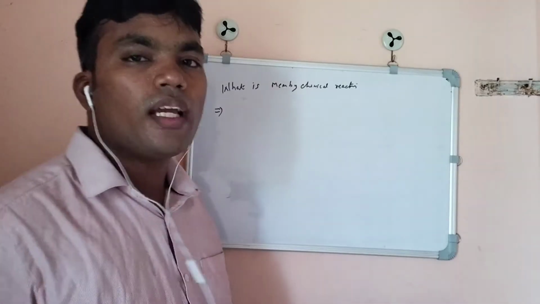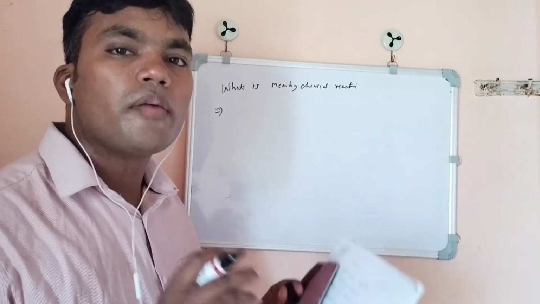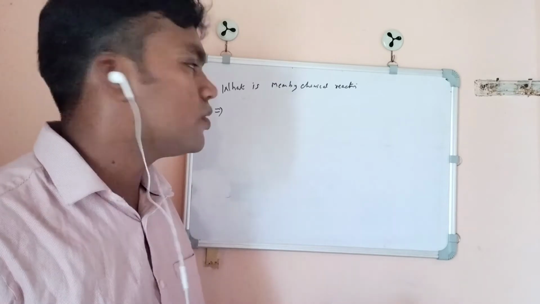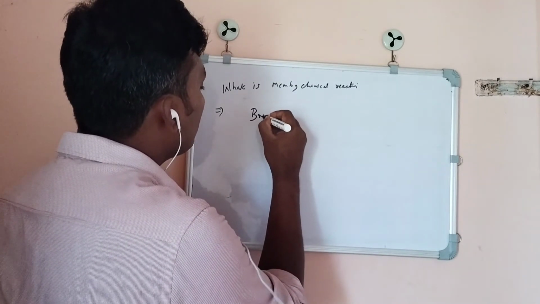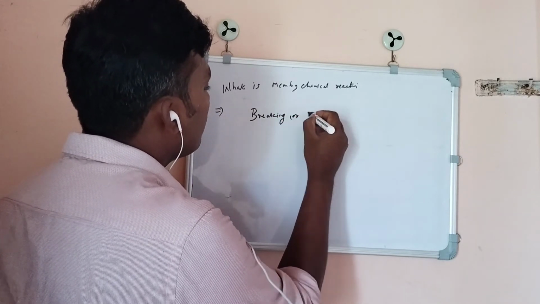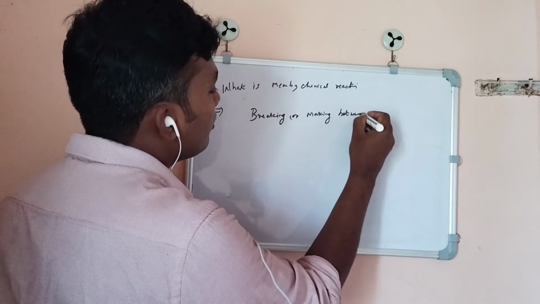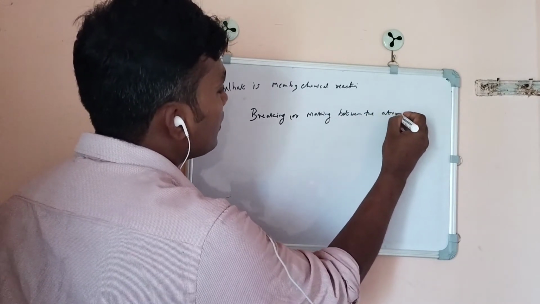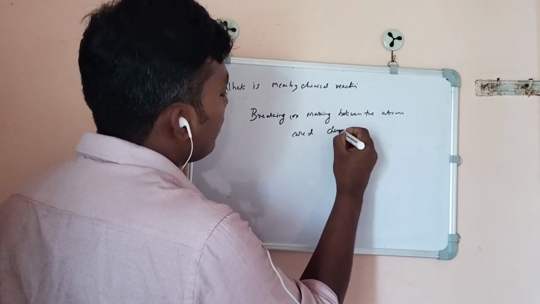Actually, a chemical reaction involves breaking or making of chemical bonds between atoms. During the reaction, the bonds may be broken or formed between the atoms, and this is called a chemical reaction.